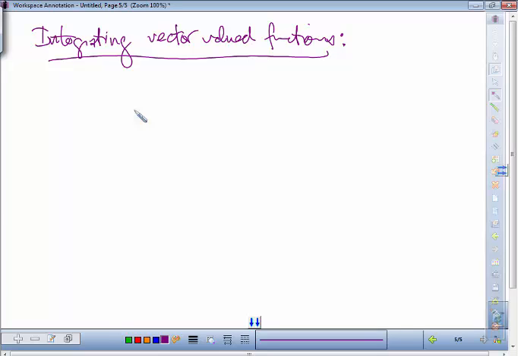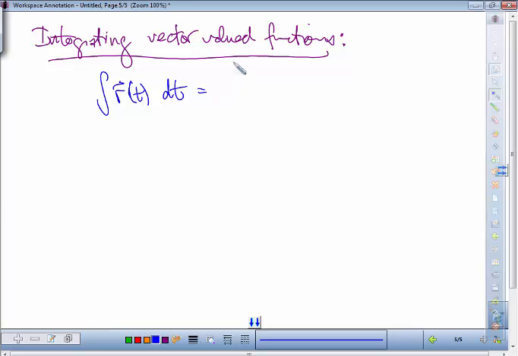We don't really know how to integrate a vector, and you'll see that it really comes out to be something really simple. But the idea is that we want to be able to define an integral of a vector-valued function.